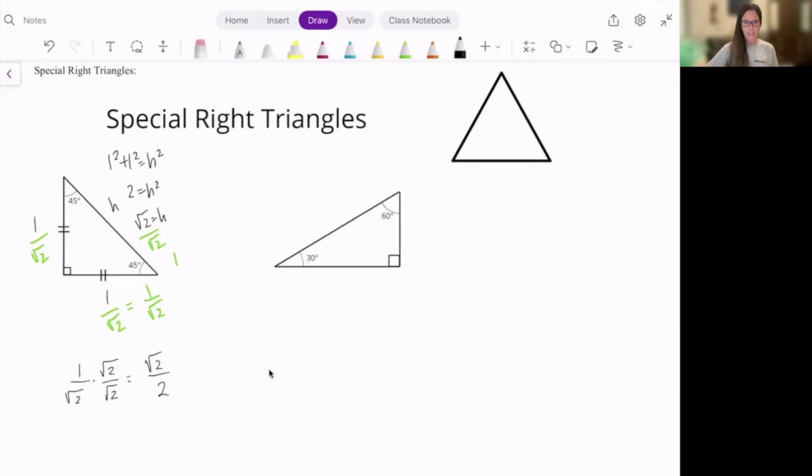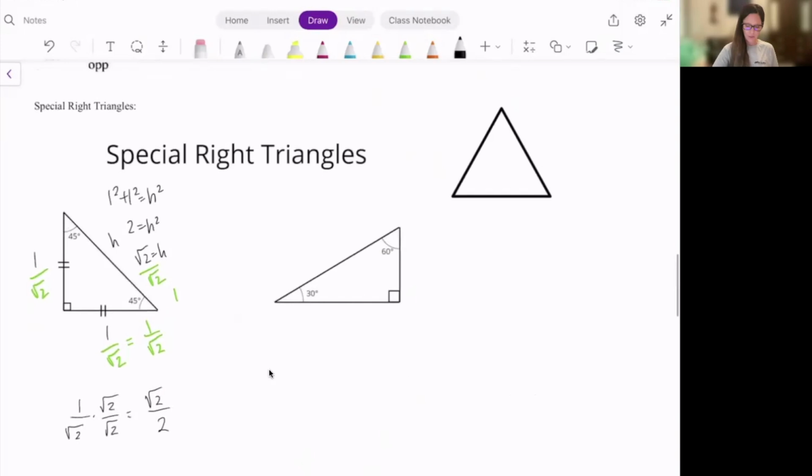Looking at an equilateral triangle, an equilateral triangle has all three sides the same. When you cut down the middle, when you bisect this angle, which has all three angle measurements the same, I can create two right triangles. I have a 60-degree angle here, and then I bisected to create a 30-degree angle here, and then I have the right triangle.